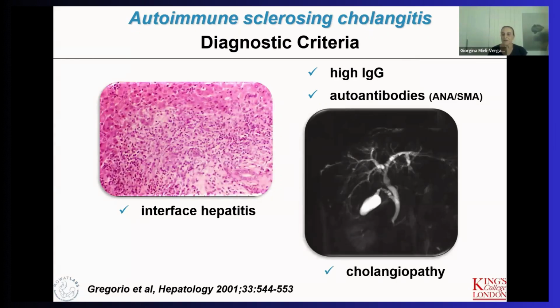But then if you do a cholangiogram at presentation, you can find abnormal bile ducts. This is an ERCP in one of the first cases we described, and you can see very abnormal intrahepatic bile ducts all over in the liver. Despite this histology, I would like to stress, you really would not diagnose a sclerosing cholangitis.